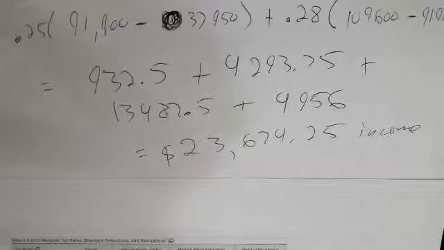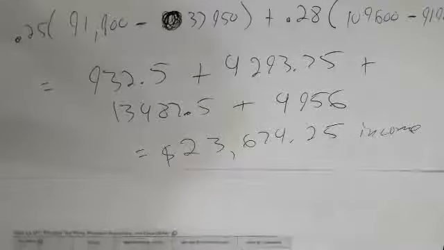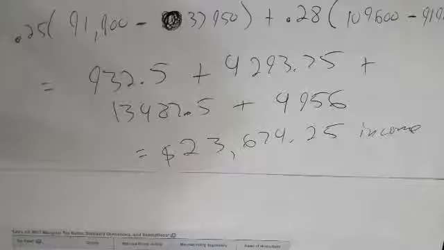Do they give us FICA on here? Does it say the FICA? I don't have the FICA off the top. It should be what, 7.5% or something? It's definitely in the notes.